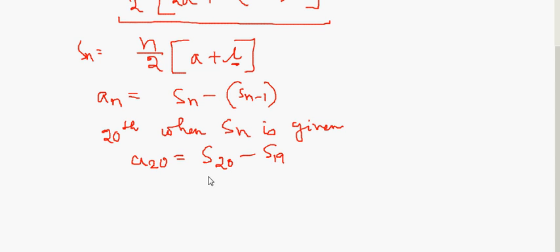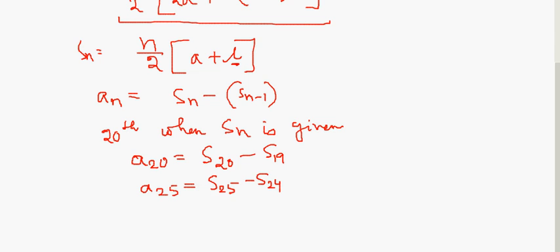That means the sum of the first 20 terms minus the sum of the first 19 terms will give you the 20th term. Similarly, if you need to find the 25th term, the sum of the first 25 terms minus the sum of the first 24 terms will give you the 25th term of the AP.